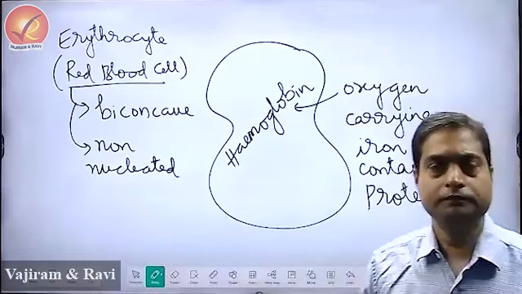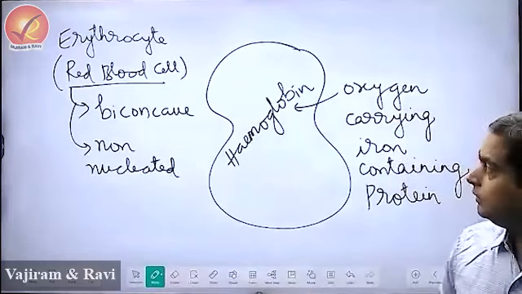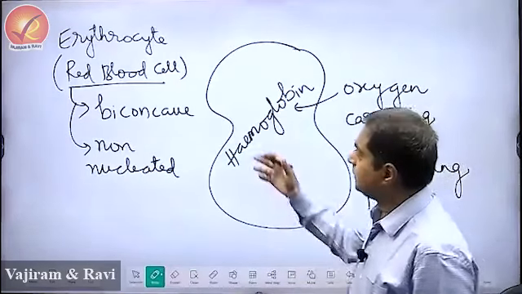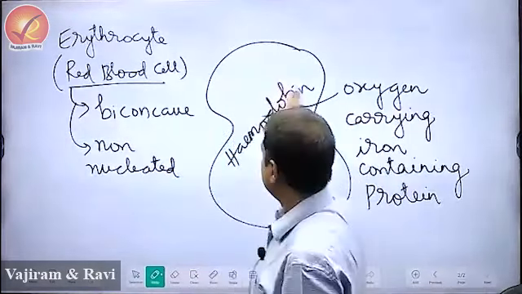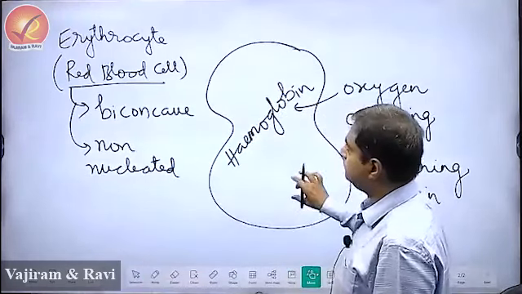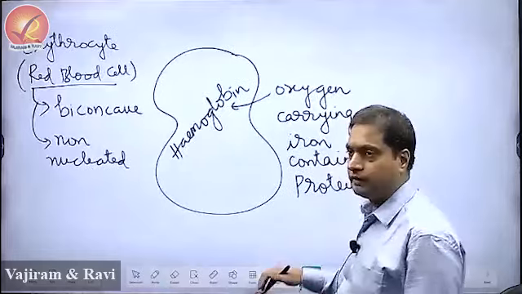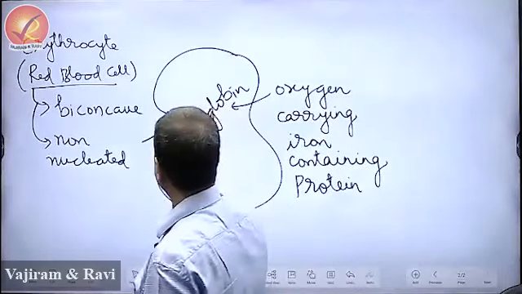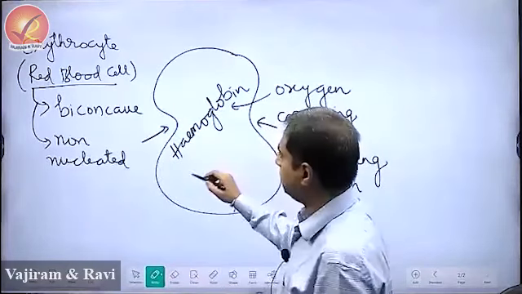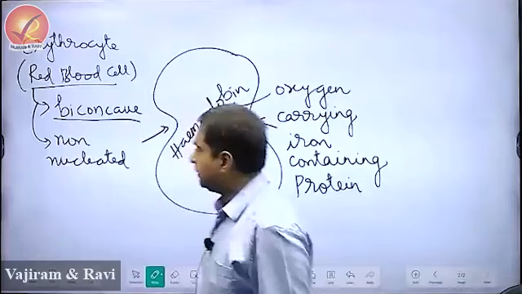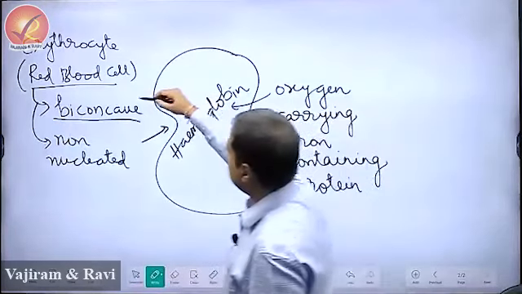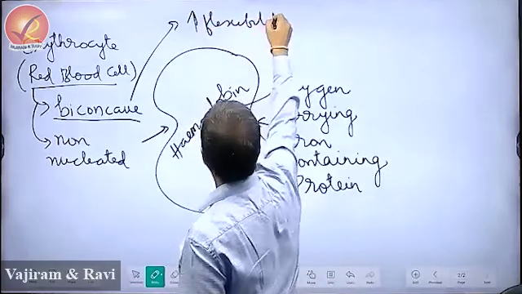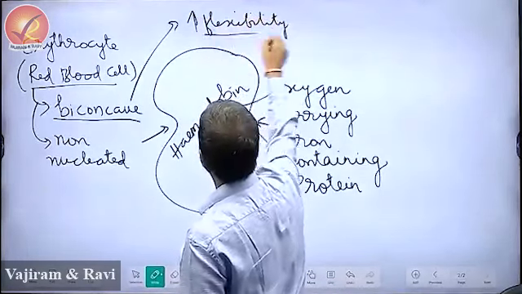Coming to the erythrocyte, we can see here erythrocyte or red blood cell. This appears a disc-like shape. In the middle we can see two depressions, that gives the name biconcave. The biconcave nature of RBC increases flexibility in the RBC.